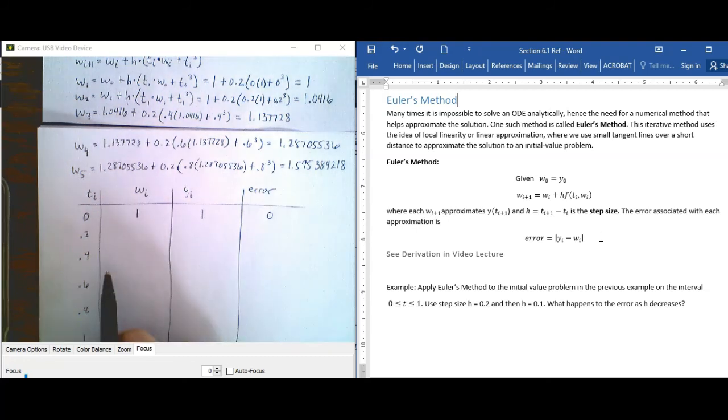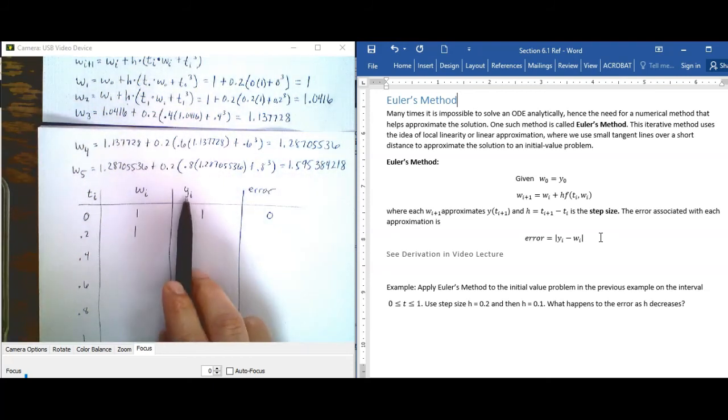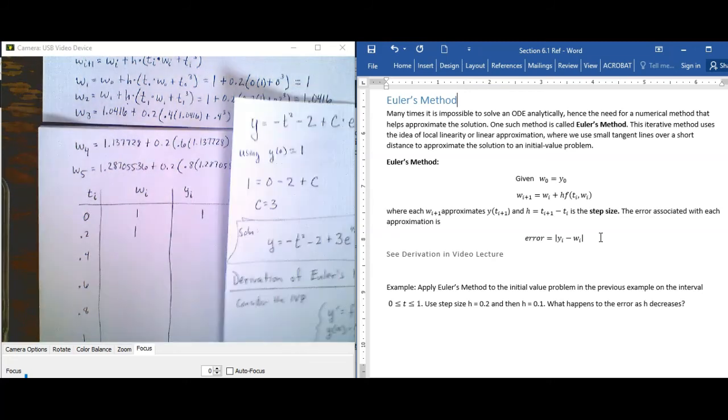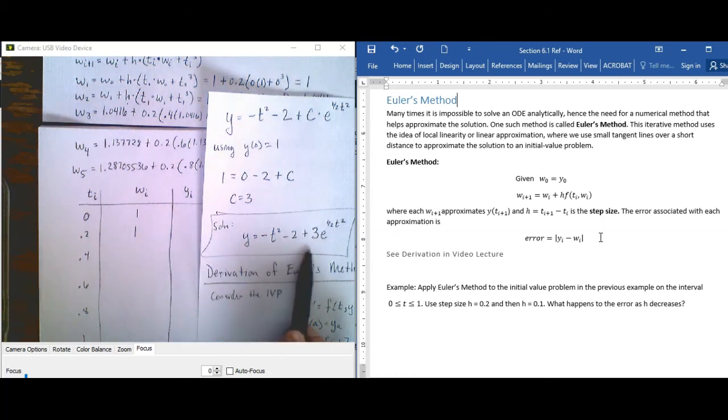Now at 0.2, our approximated value was 1. Now let's look for the exact solution. So recall that our exact solution for this problem was this right here, right? So let's plug in our t value and see what we get.